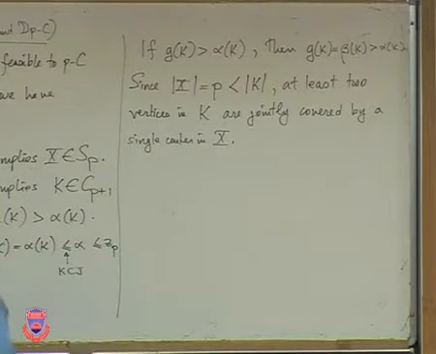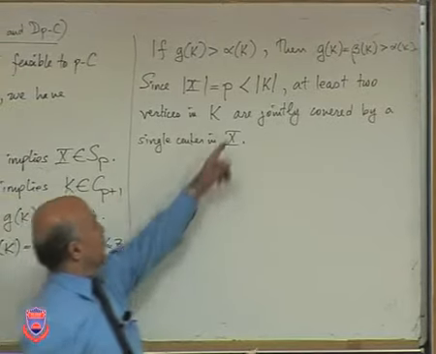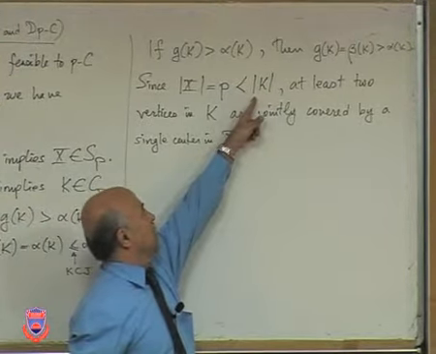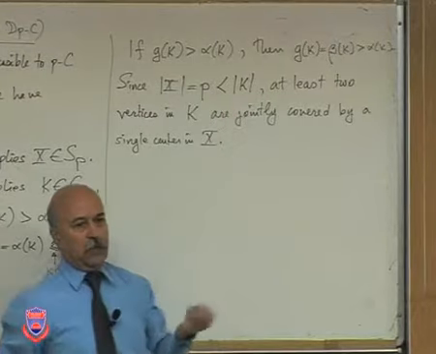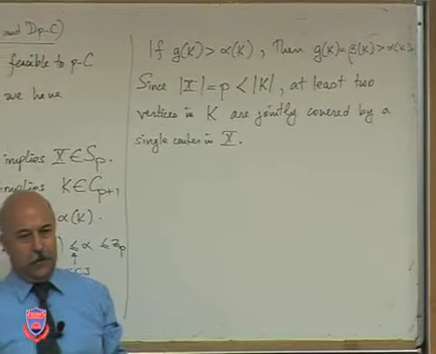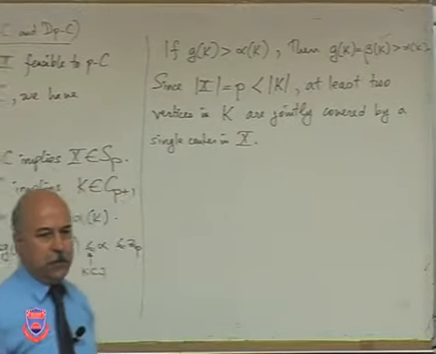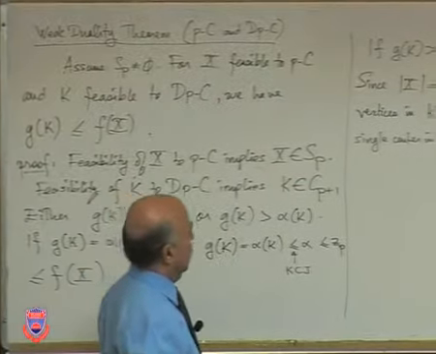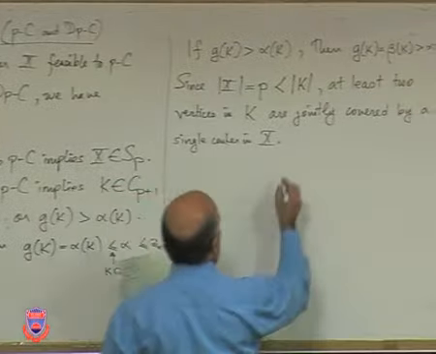So all we are saying is, because the number of vertices is more than the number of centers you have available, some 2 of them must be served jointly by a single center.